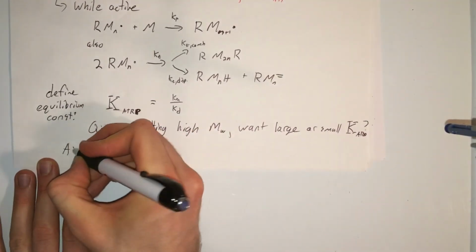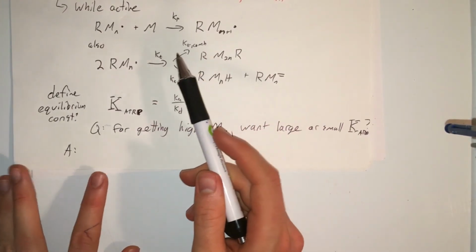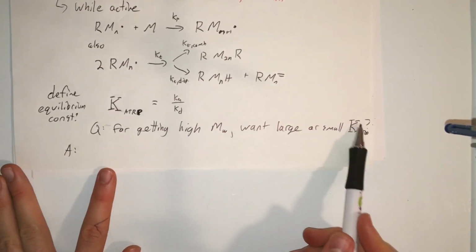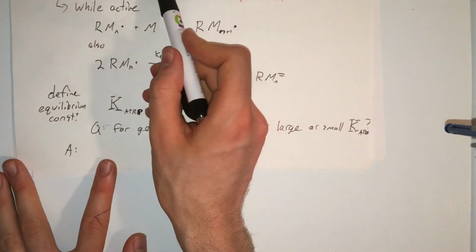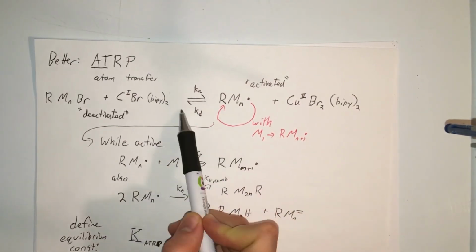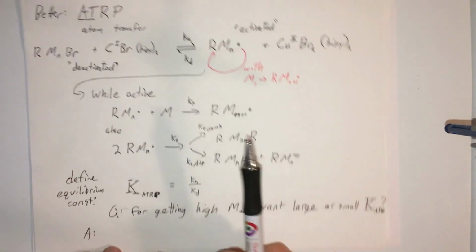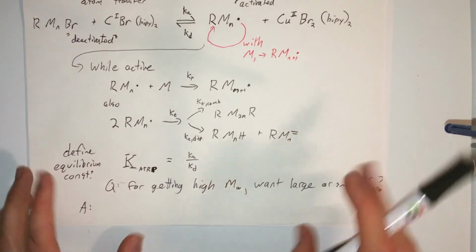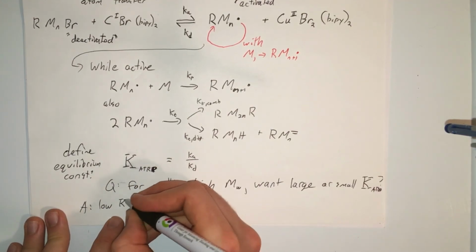So the answer is, we can think about the consequence of having a large or small K ATRP. Well, it depends on whether this reaction or this reaction is favored more.